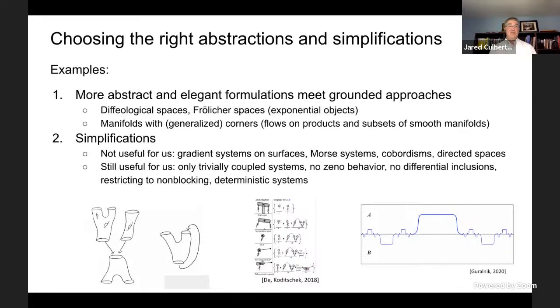What we did find useful was, for example, only looking at trivially coupled systems. So I talked to you about sequential composition. We did have some amount of so-called parallel composition, but only in an uncoupled product sense.